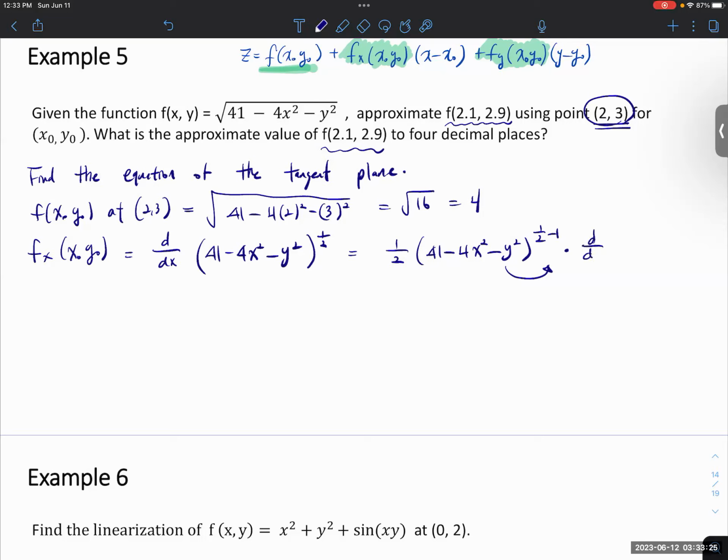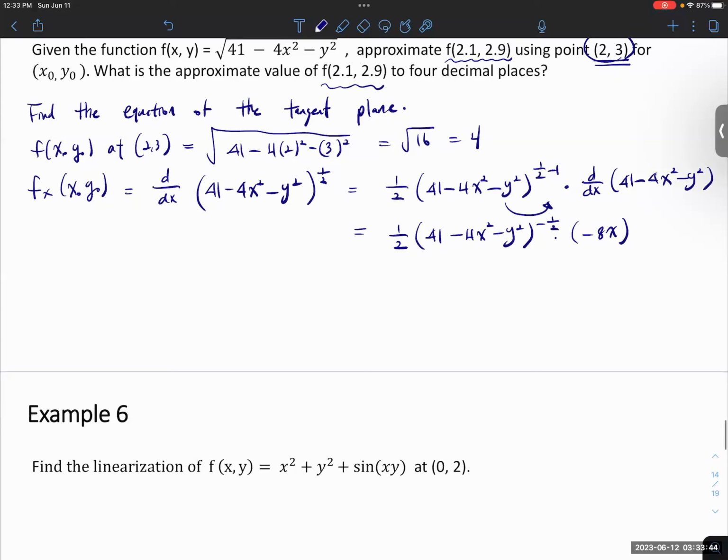For d over dx of the inside, y is going to be a constant. So this is going to be negative 1 over 2, and then negative 8x, with y as a constant. Basically, 2 and 4 cancel. Negative 4x over the radical, because of the negative exponent, goes all the way down with the radical.